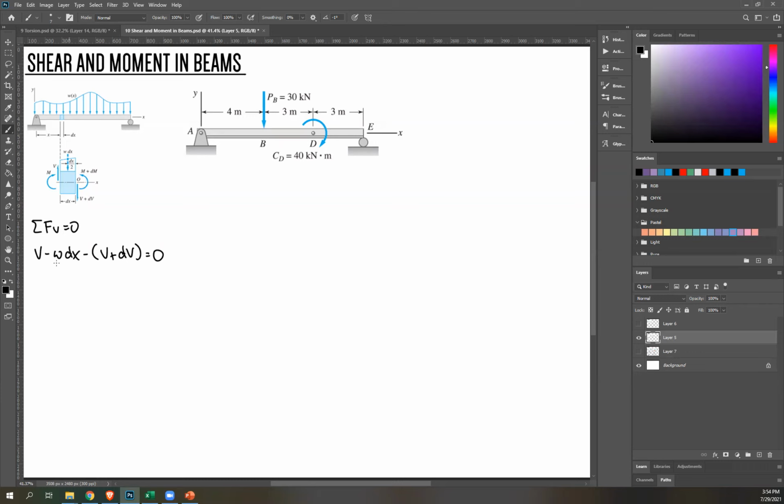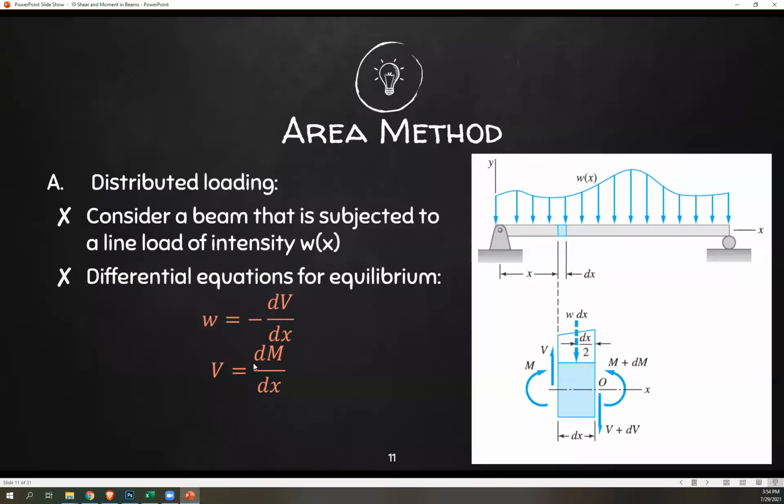Then V minus V cancels out. You're going to be left with negative w dx minus dV equals 0. And then from this, w is just negative dV over dx. It is also negative. And that's how it was derived.